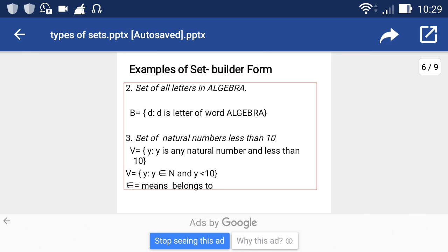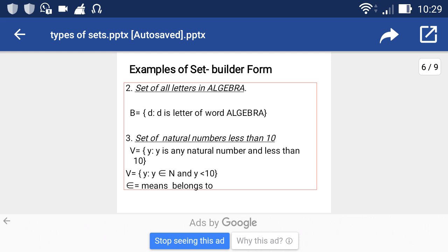Let us take a few more examples to clarify the set builder form. The set of all letters in the word algebra. Here a small letter d represents the property of all elements in the word algebra.